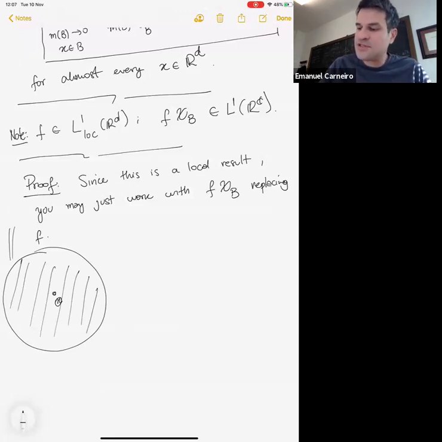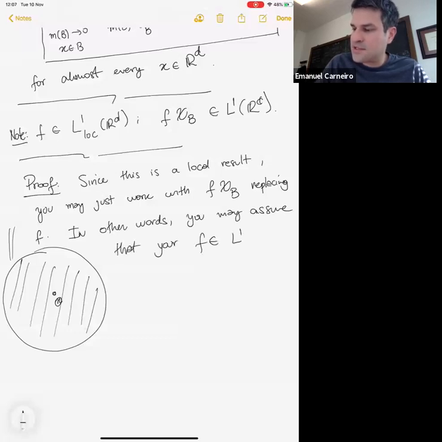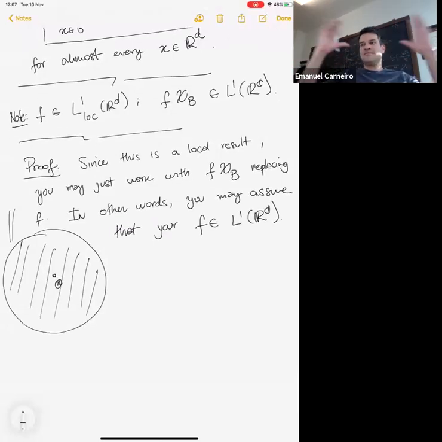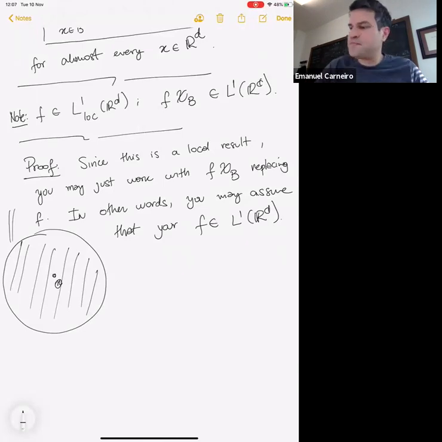Okay, so in other words, you may assume that your f is actually in L1. Let's assume that my function is integrable in the whole space.